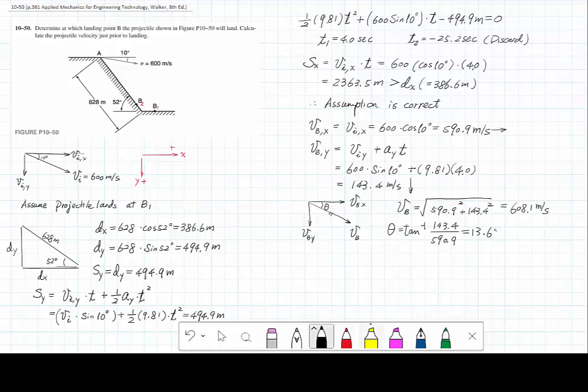As a final answer, VB before it landed at B1 equals 608.1 meters per second with an angle. I need to draw this angle for the direction. So here, 13.6 degrees. That's the end.